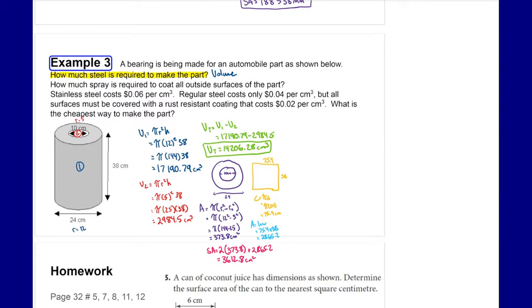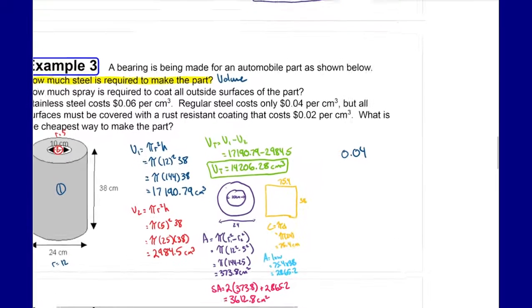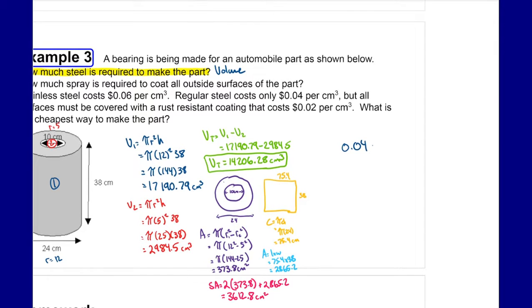So if we look at the regular steel, $0.04 multiplied by the volume, 14,206.28, gives us a cost of $528.25. We then have to take the surface area, 3,612.8, and multiply that by 0.02 for the rust resistant coating.